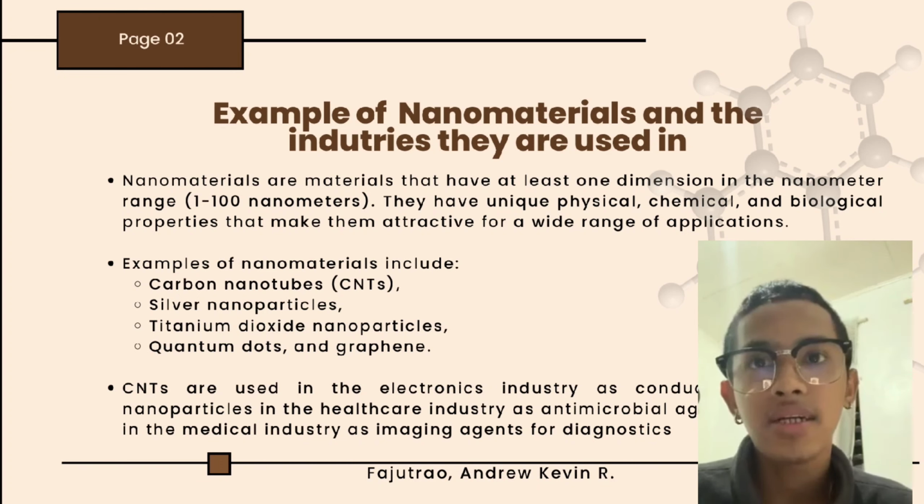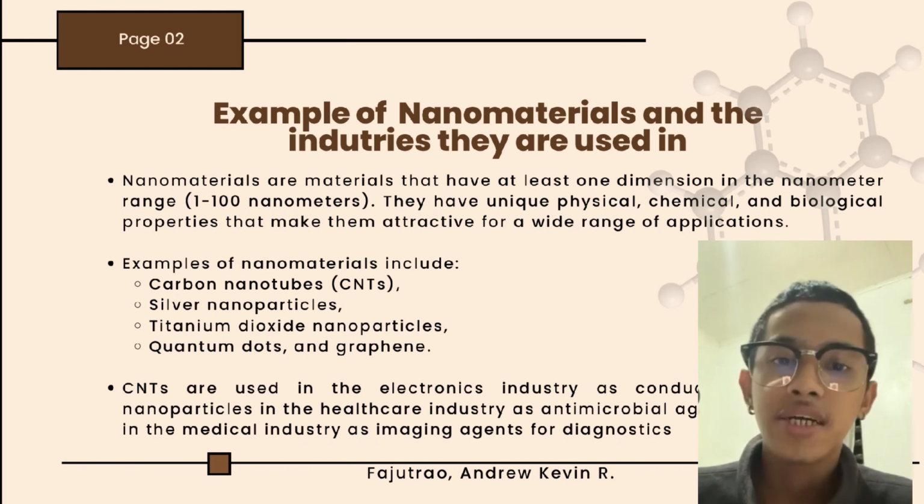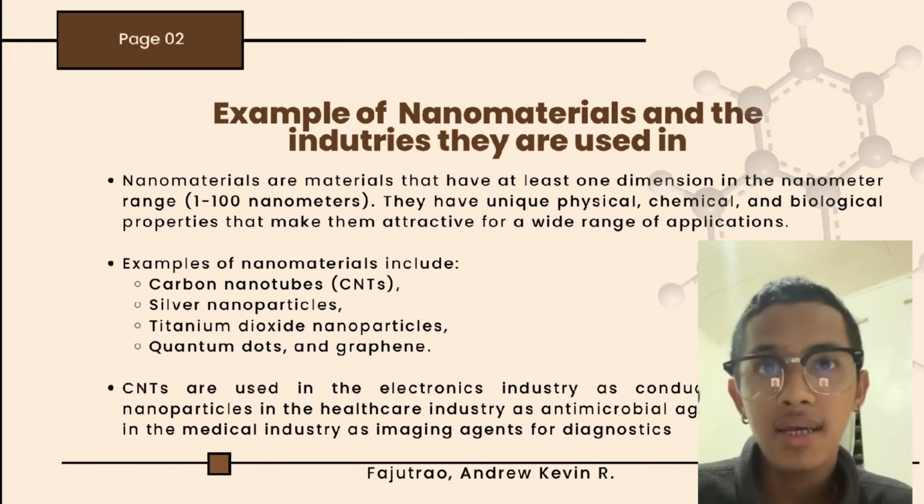Silver nanoparticles have unique physical and chemical properties such as high surface area, high reactivity, and antimicrobial properties, which make them attractive for various applications, including biomedical, environmental, and industrial fields.